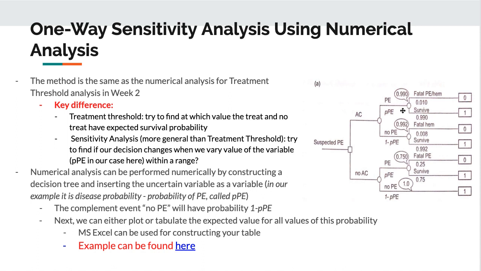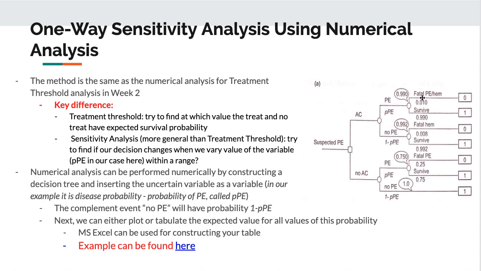We should notice that when the value of PPE is given, we should be able to calculate the probability of no PE, right? Because these two events are complements. So this one is going to be 1 minus PPE, because the summation of the two probabilities equals 1.